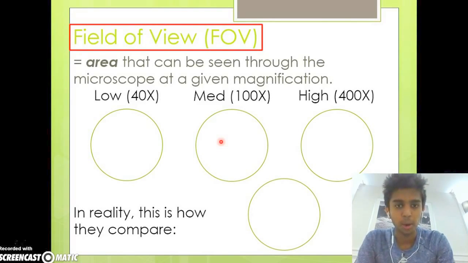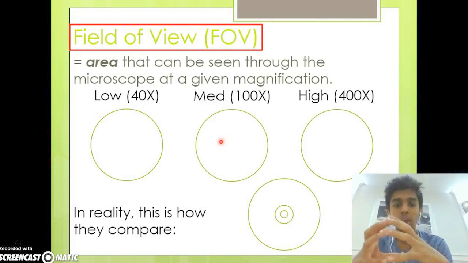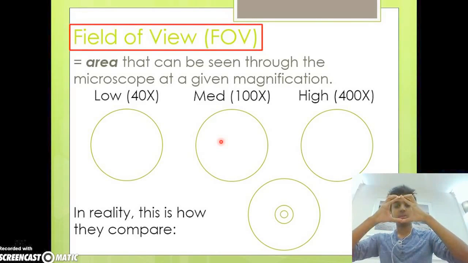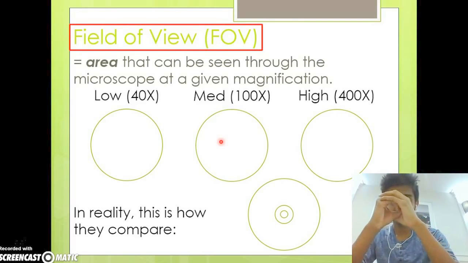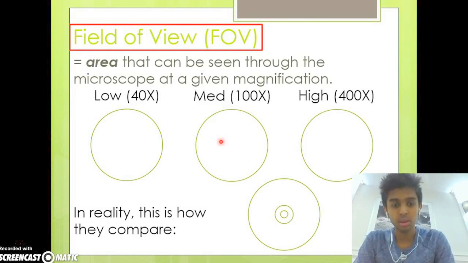The low power is the largest, then the medium power zooms in, and the high power goes all the way in. So the low power field of view is always the largest, then medium, then high. That's how they stack up against each other.